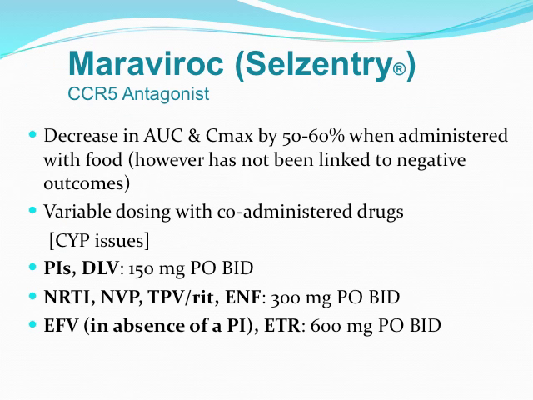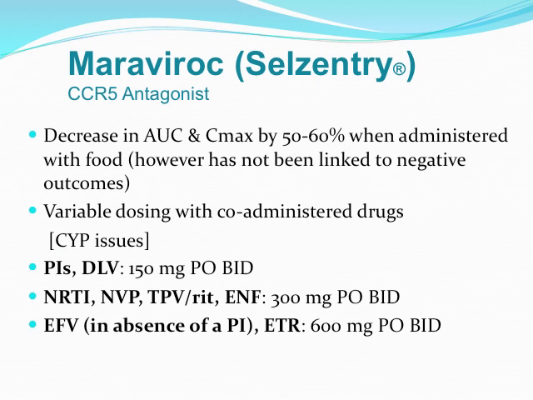Selzentry, or Maraviroc, drug interactions. The trick with Maraviroc, I don't know how many of you have had experience using it, besides the tropism assay you have to do before you put your patients on it, is the dosing. It's a little tricky dosing depending on what you're using the Maraviroc in combination with. If you're using Maraviroc with a PI or delavirdine, not very many people use delavirdine anymore, but if you are using it with a PI, the recommendation is to dose 150 BID.